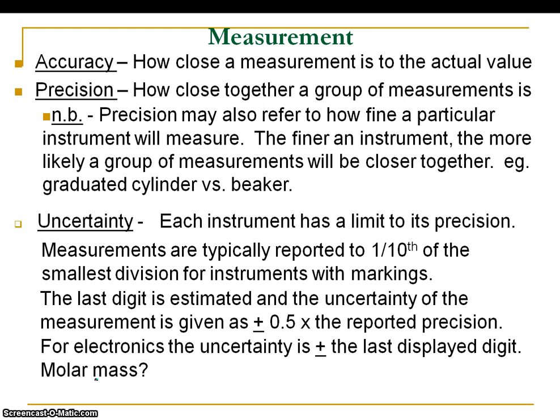Molar mass is a great example of this. You may have never noticed, but next time you look at a periodic table, if you look at the molar masses of some of the things in the periodic table, or atomic masses if you will, there's a different number of decimals in all of them, because some elements are unstable and we can't get them to stick around long enough to actually accurately measure their molar masses to a good degree of precision.